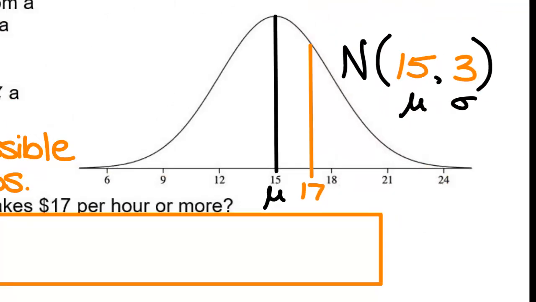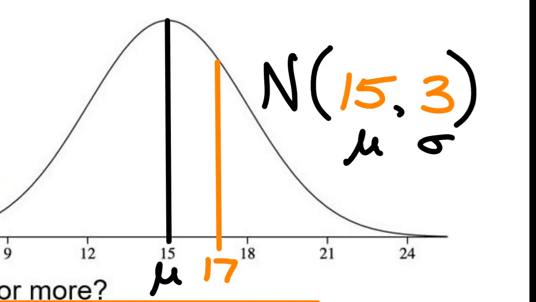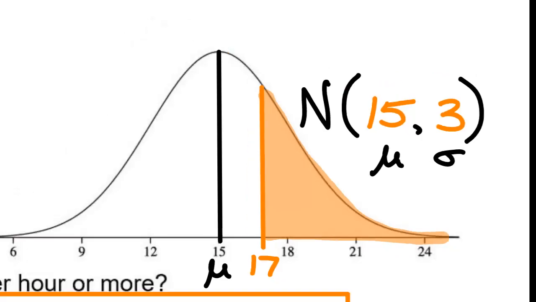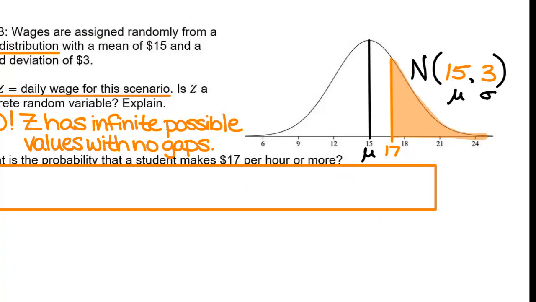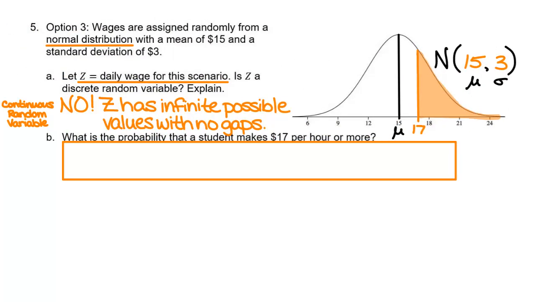And then which way should I shade that? To the right. I want 17 or more. And then my probability notation needs to mirror what I've just shown on that picture. Probability notation always starts with what?